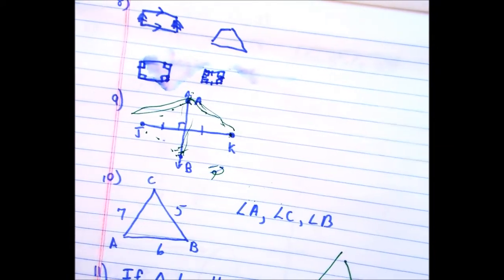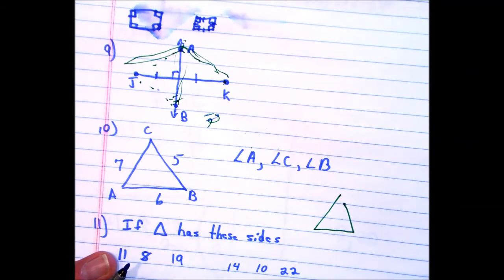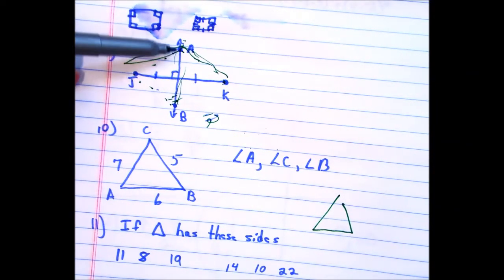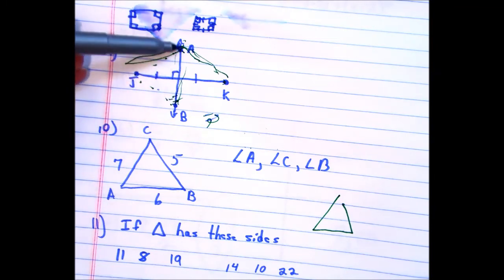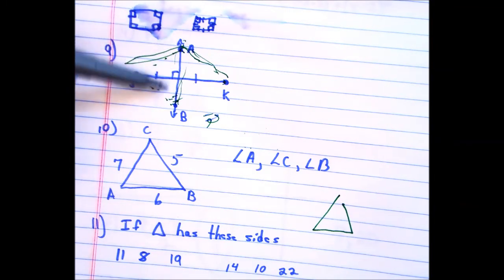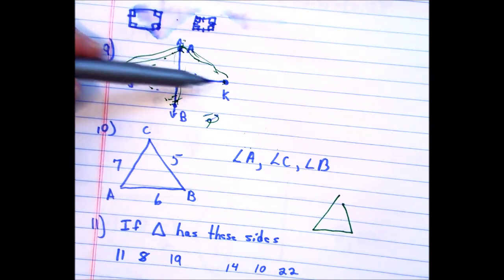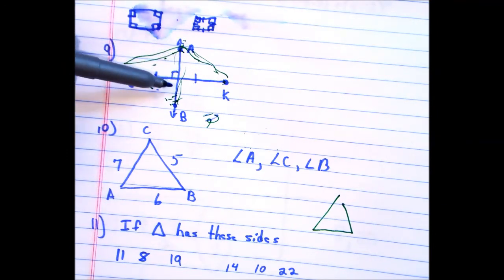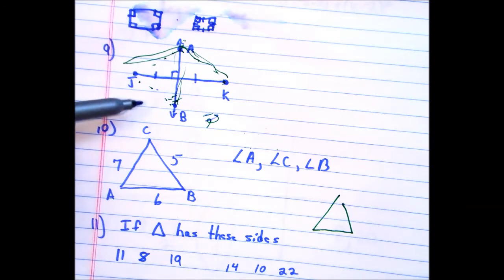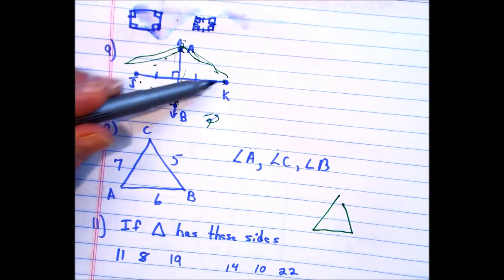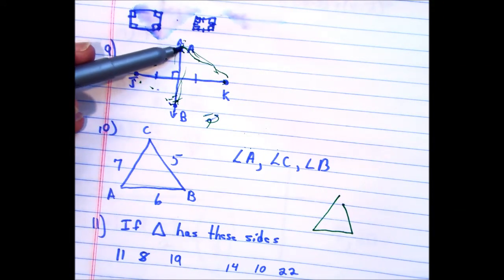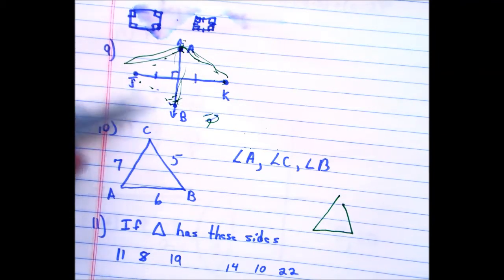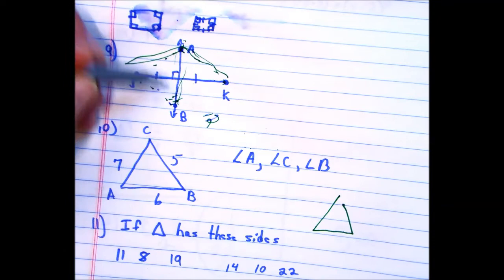Problem number 9 was our umbrella rule. That's where we talked about whether or not things are on the perpendicular bisector. You have to make sure they're on the perpendicular bisector, not the thing being bisected, but on the bisector. Any point on here is the same distance to J and K. So A is the same distance from A to J as it is from A to K, and from B to J as it is from B to K. You have to be really careful.